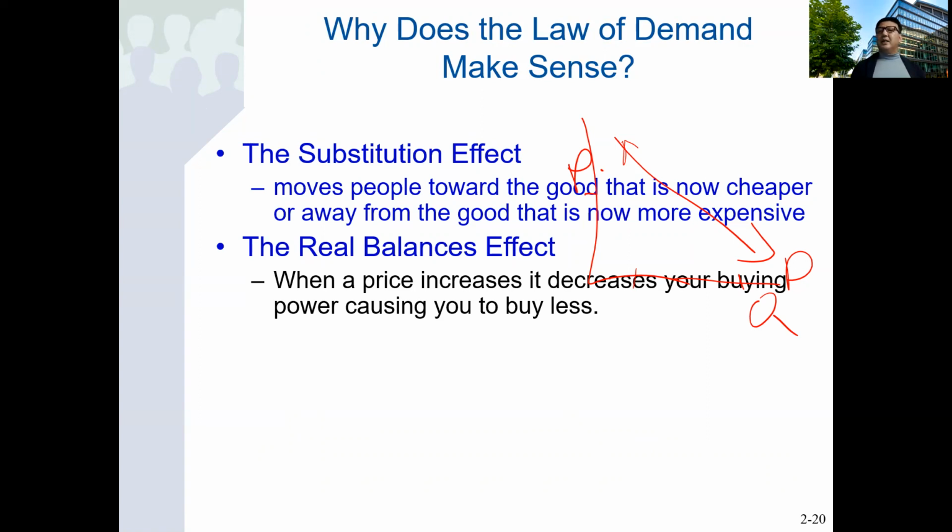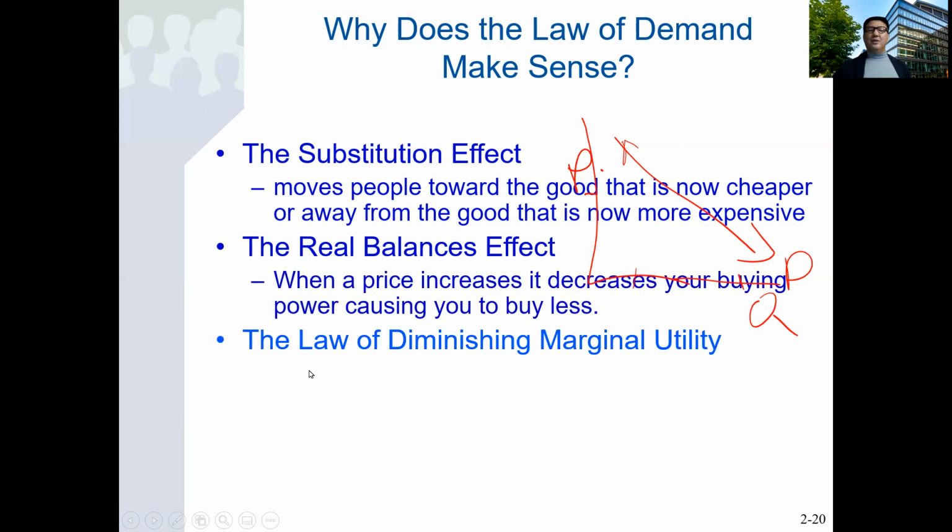It used to be that with $5 you could buy two and a half cups of orange juice. Now, if they increase the price to $5, you can only buy one orange juice. So the purchasing power of that $5 has decreased. That's what the real balance effect means.